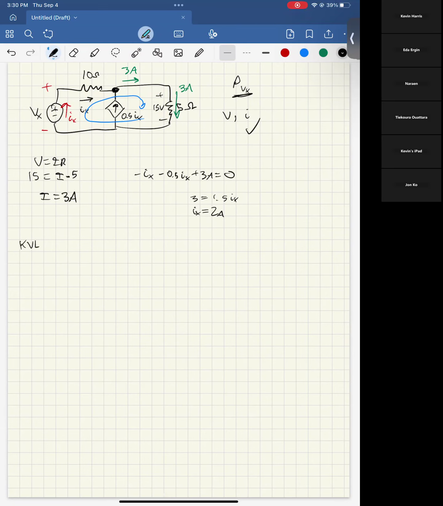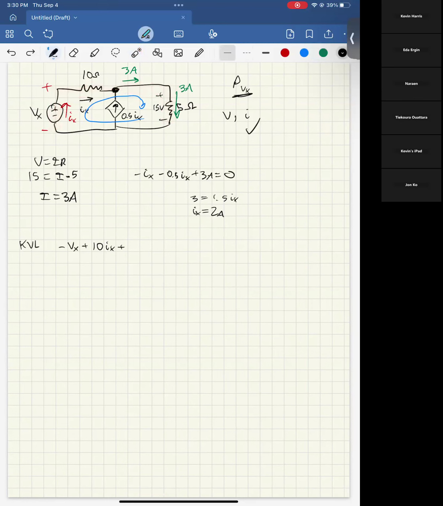Then we can say negative Vx, remember, because the voltage is rising in the direction that we're defining for this loop, and then plus 10 times Ix, I'll just write it as Ix for now, I'll fill it in in a sec, plus we keep going around the loop. The next thing we run into is here.